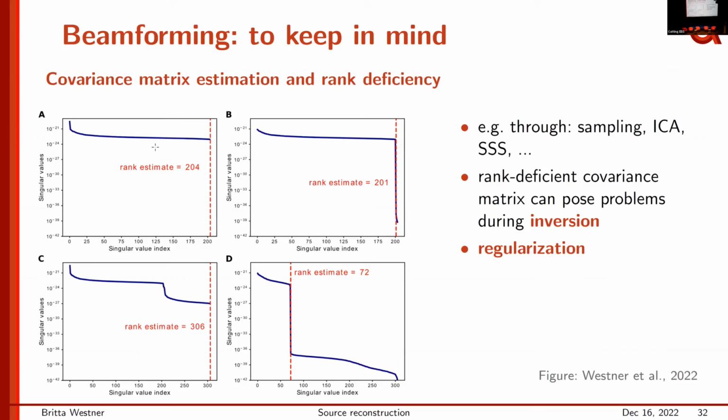Regularization is nothing else than adding something to the diagonal. So how much do the sensors correlate with themselves, which is kind of uninteresting anyway. And if you imagine that you have, let's say, 10 rows, and the last 2 rows are perfectly correlated with each other in your matrix, okay?